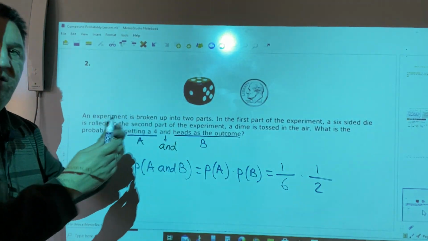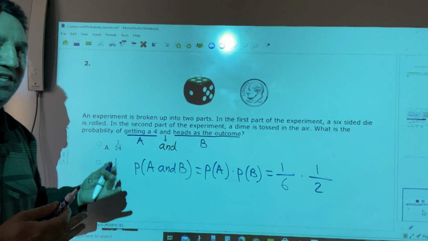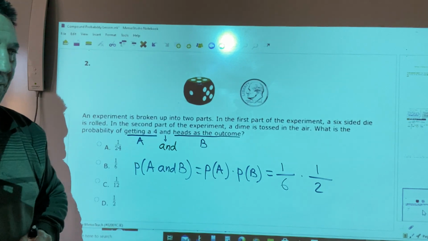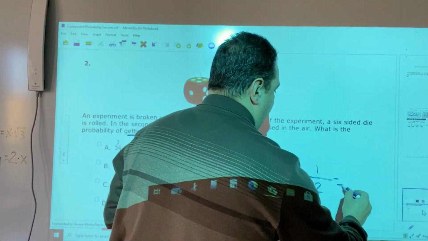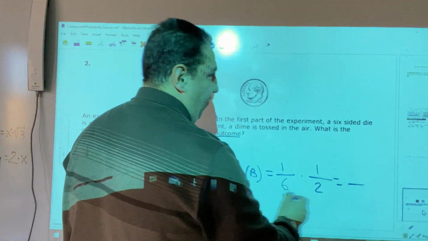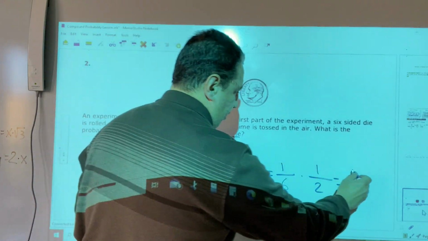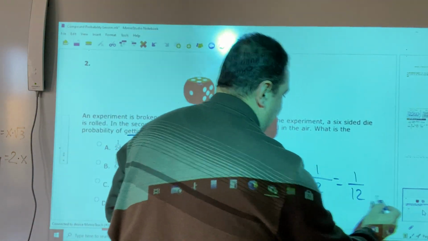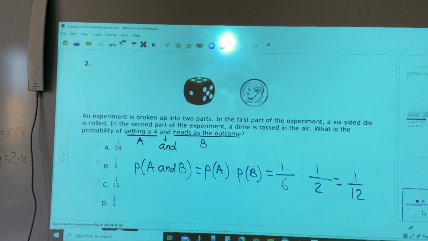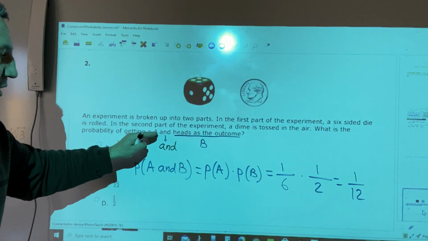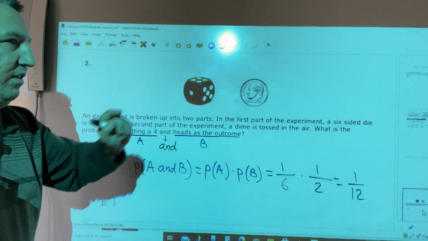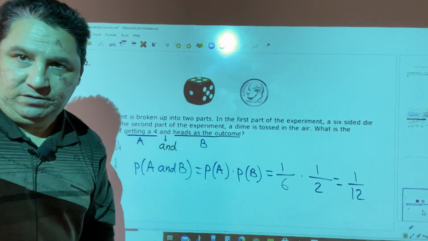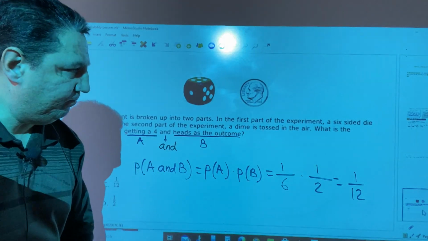Again, these 2 fractions cannot be simplified, and we simply multiply them, by multiplying tops and then bottoms. 1 times 1 is 1. 6 times 2 is 12. That's the probability of getting a 4 when we roll a die and getting a head when we toss a dime. Good.